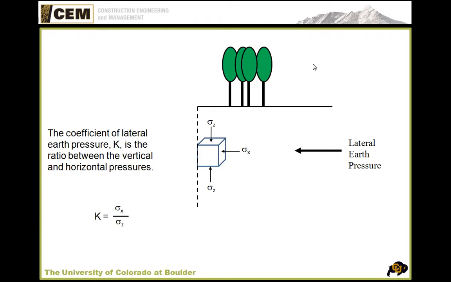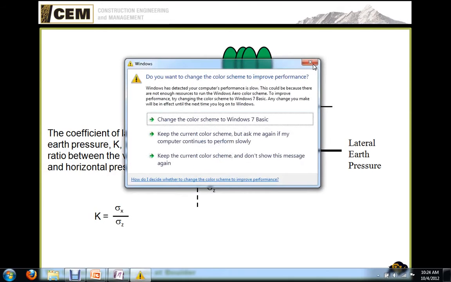Now K is a great coefficient that allows us to translate from a vertical pressure to a lateral or horizontal pressure. K is really the ratio between sigma x, the lateral earth pressure, and sigma z, the vertical earth pressure, which exists because of the soil or any surcharge load or any load that we have above that point.